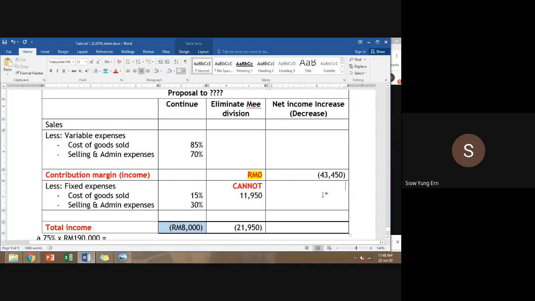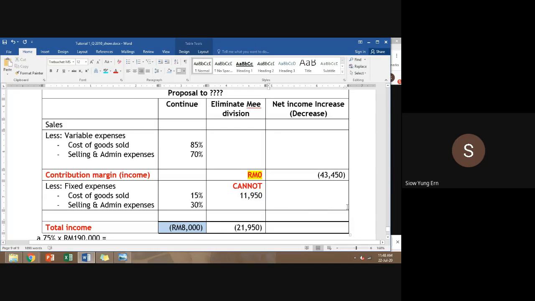Okay, next one, fixed cost. Fixed cost of goods sold. Correct, positive 17,000 because your cost of goods sold decreases. So net income increases 17,000.